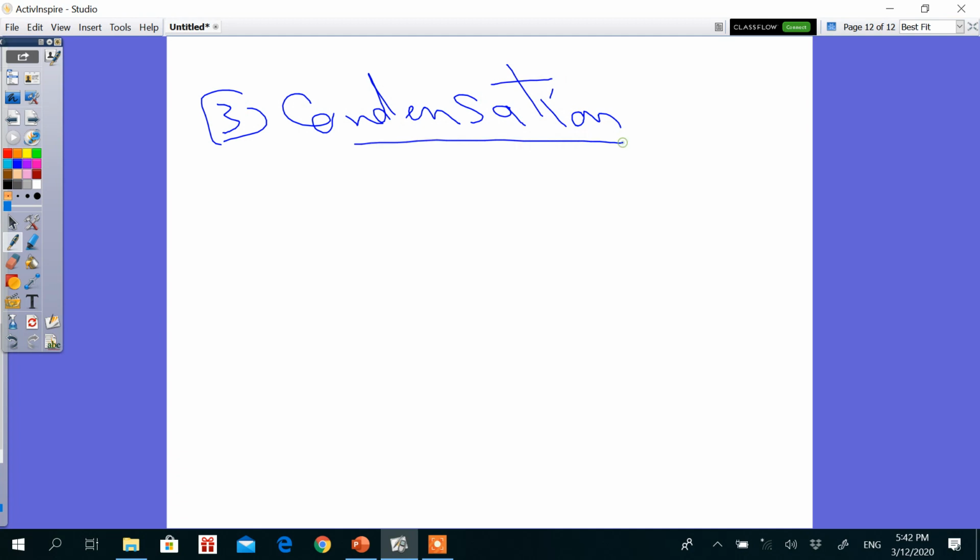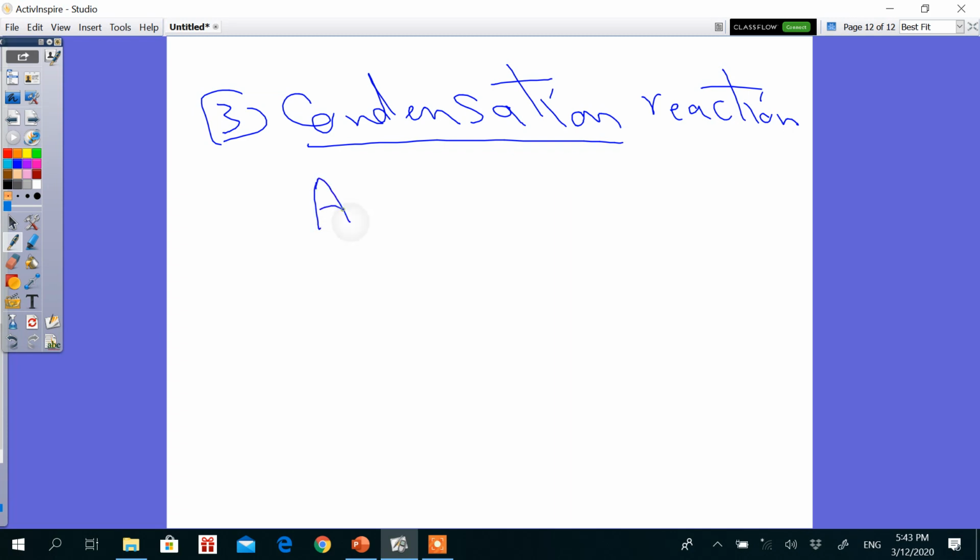What about the third type, condensation? Condensation reaction. Condensation reaction is an organic reaction, related to organic chemistry only. Condensation is one in which 2 molecules or parts of the same molecule combine.